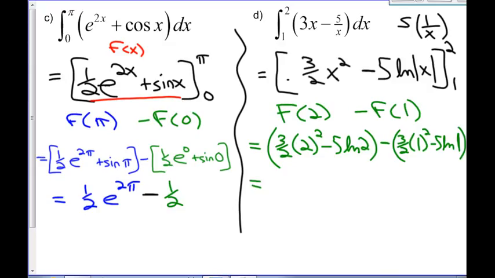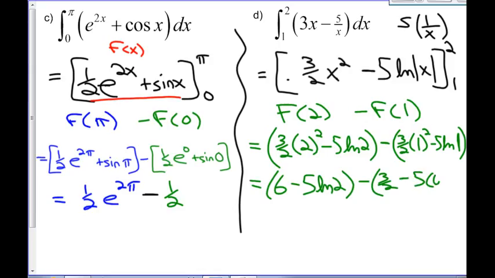We'll work this out. That's 3 over 2 times 4, which would be 6, minus 5 ln 2, minus 3 over 2 times 1 squared, that's just 3 over 2, minus 5 ln 1.